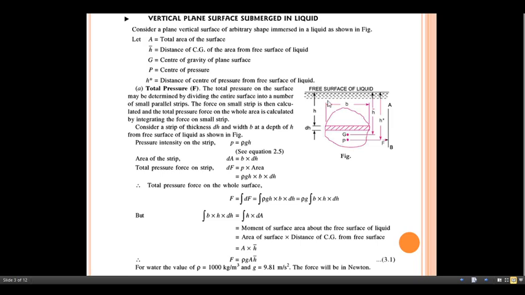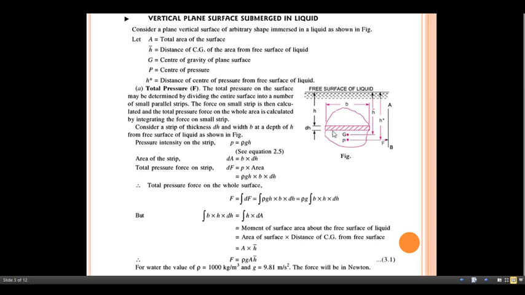The total pressure on the surface may be determined by dividing the entire surface into small parallel strips. The force on a small strip is calculated, and then the total pressure on the whole area is calculated by integrating the force on the small strip.